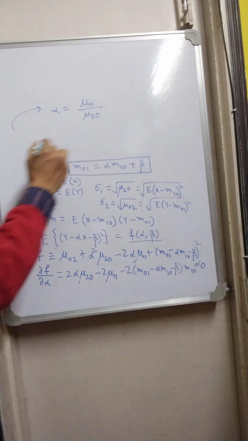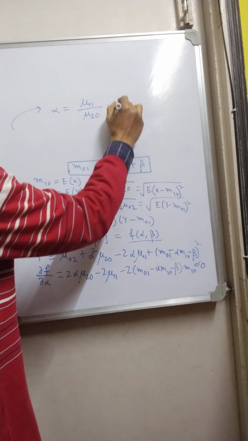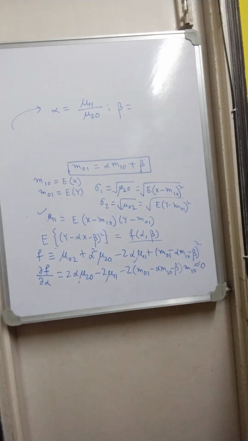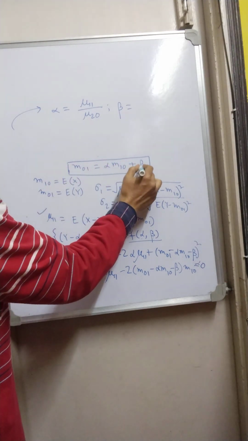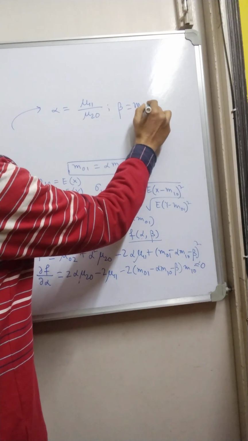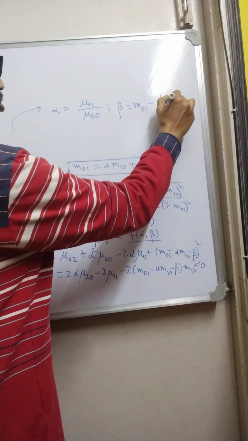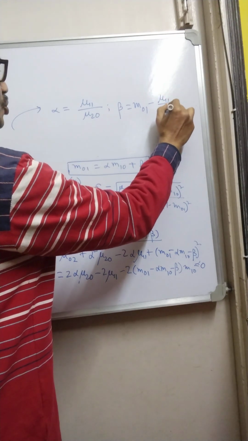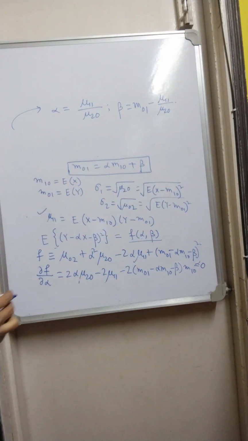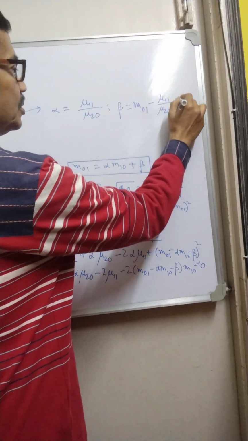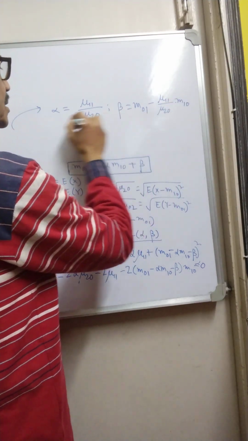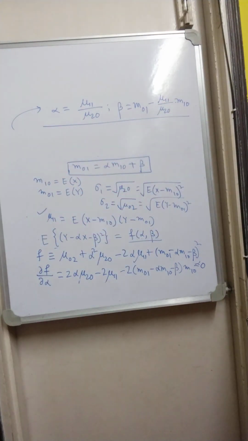So alpha is this, and beta may be represented as m01 minus alpha, which is mu 11 by mu 20, into m10. Okay, clear?